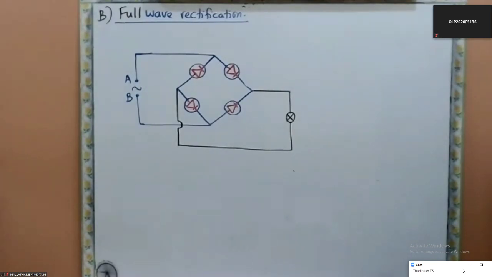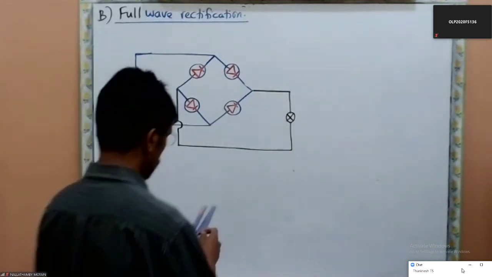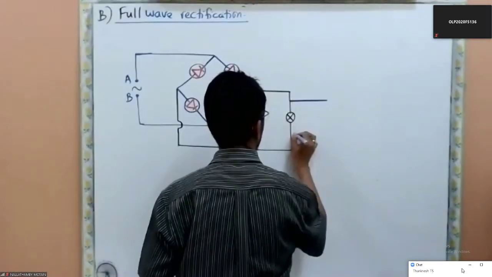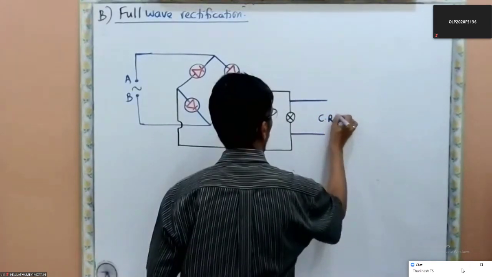Okay, draw first. Already drawn. On the right hand side over here, we can connect to a CRO.